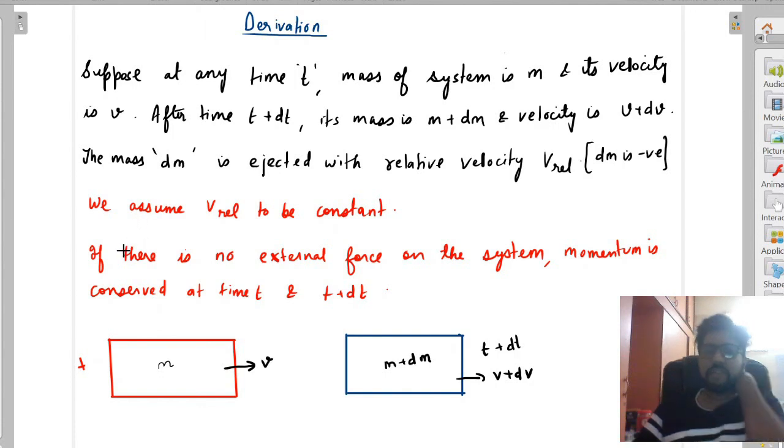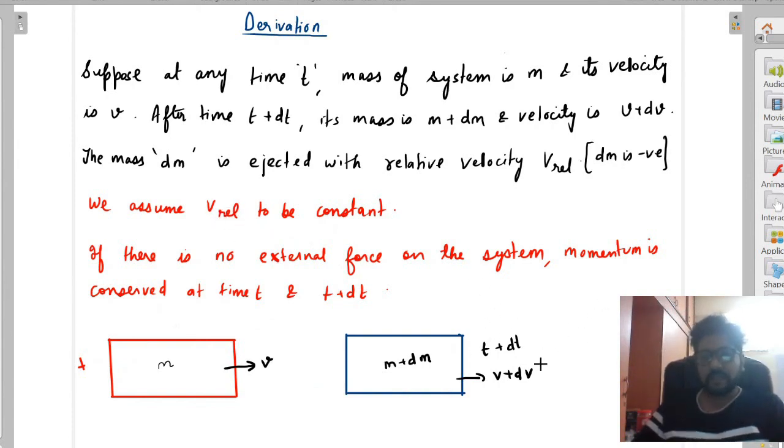So we will derive only for one case, when the mass is getting ejected. If the mass is getting ejected, dm has to be negative. The mass dm is ejected with relative velocity v relative, and here dm is negative. Okay, while deriving this, we will assume that the v relative is constant.